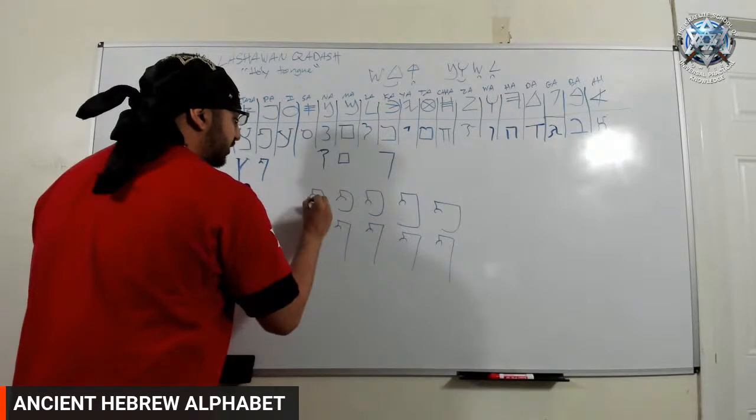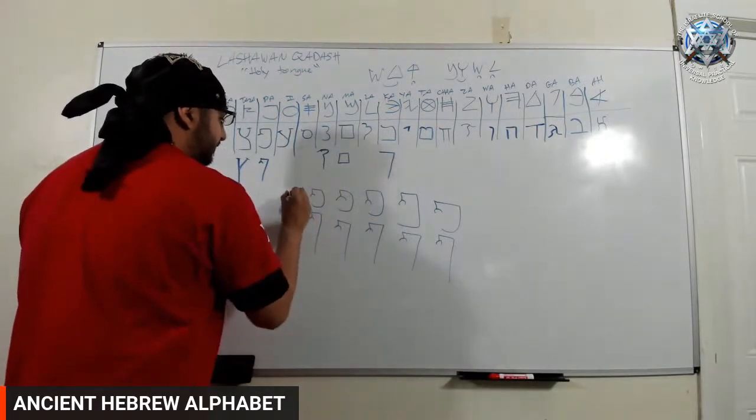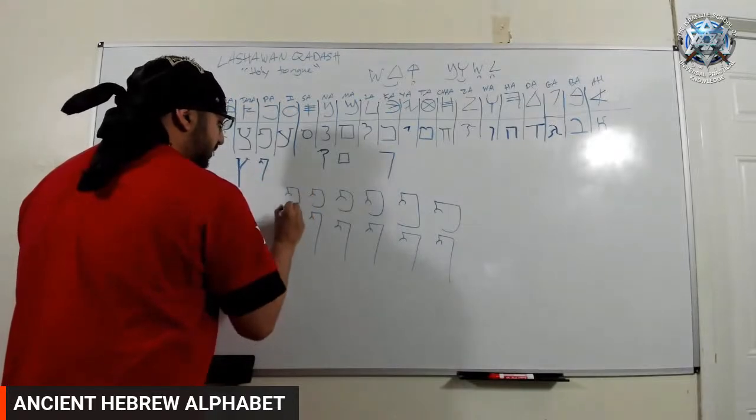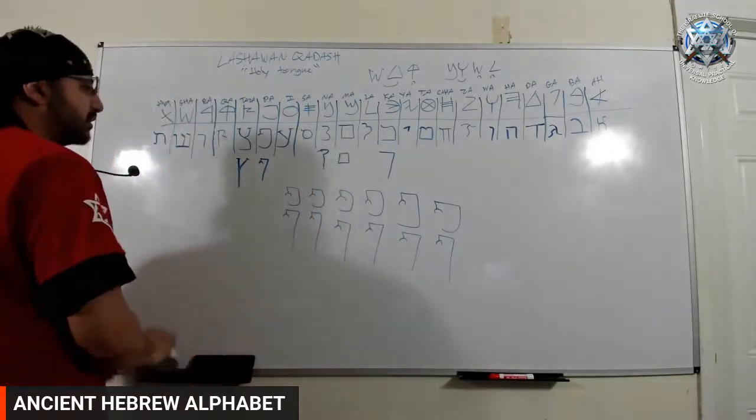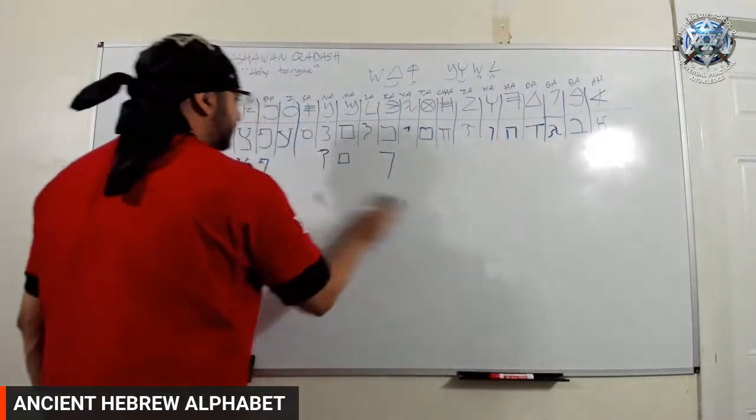I'm kind of exaggerating on the drawing. Pa, end pa. That's what it looks like. Okay. You just got to practice. The more you practice it, the more you'll get it down.